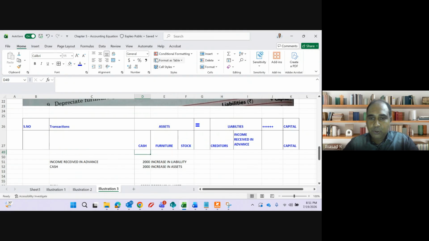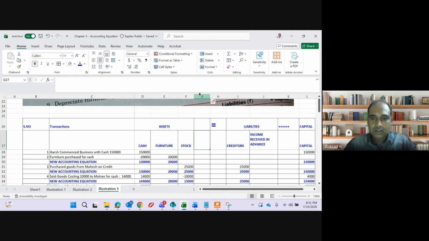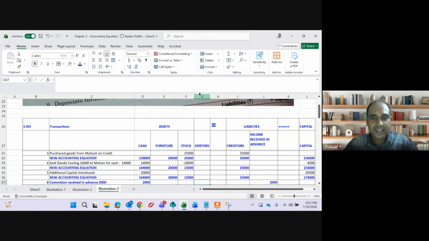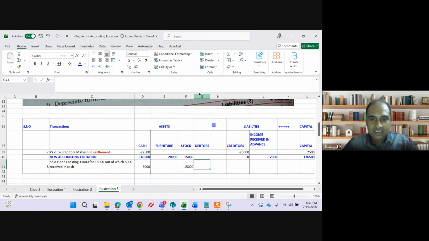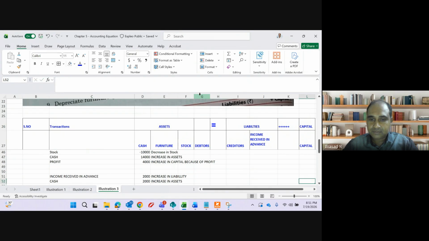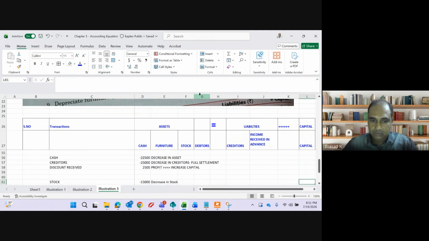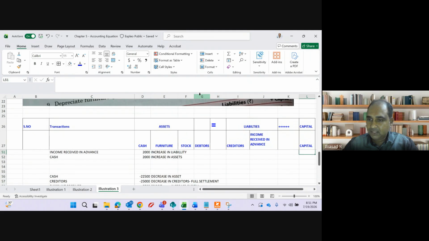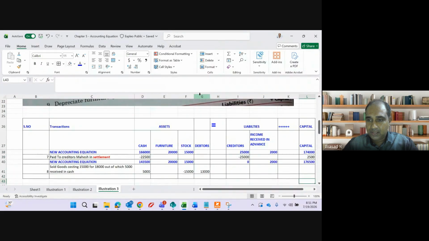Debtors is not there, so I will introduce a new category under assets. 13,000. And profit is 3,000. Any doubt in this concept, guys?